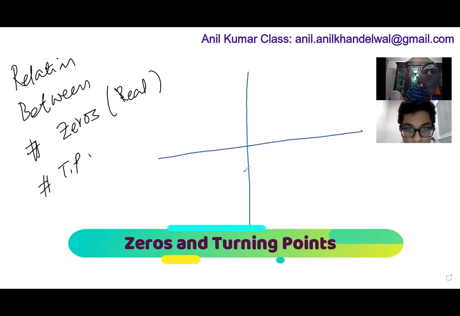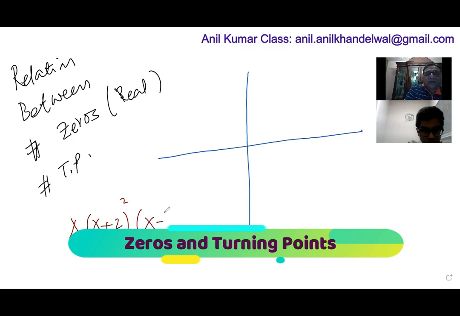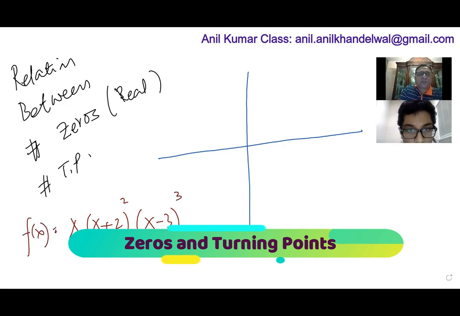if I have, let us say, a function which is x times (x plus 2) whole square times (x minus 3) whole cube. Let us say. You see this function. In that case, we have zeros at which points? One zero is at 0, right? The other zero is at minus 2.